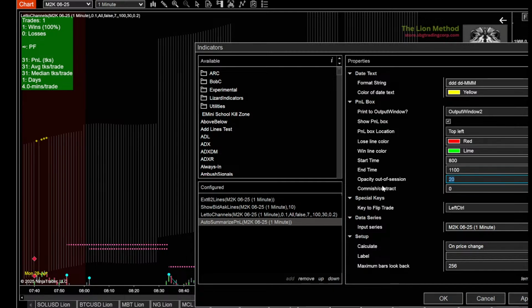So you can actually have two different tinted colors in the two regions of session. Or if you did 0 for opacity out of session and 20 for in session, you can basically reverse these colors. So what's black here would be maroon, and what's maroon here would be black. You'd be able to invert that information. So I'm going to add that. It's not in there yet, but I will add that.